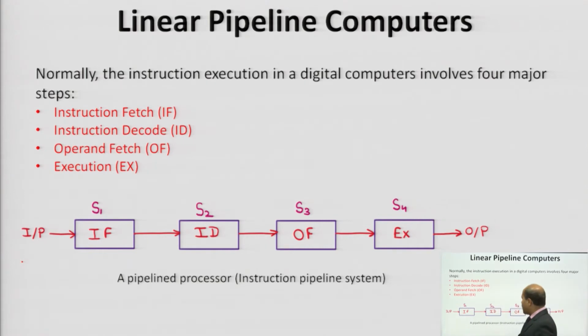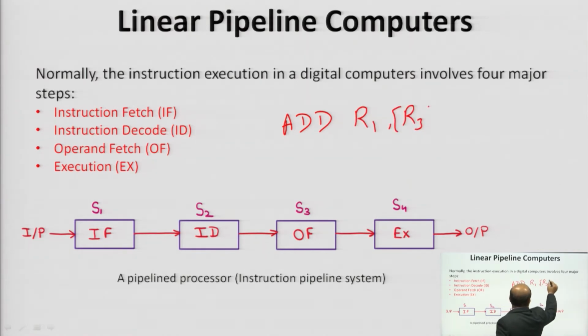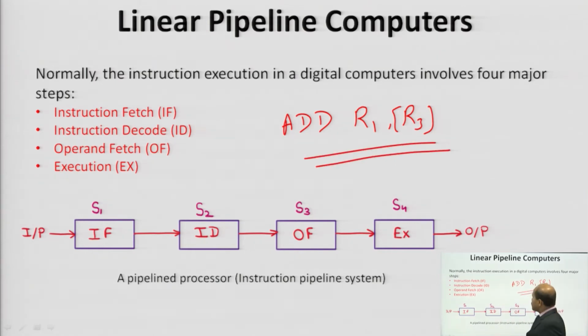Here you can see, to execute an instruction like add R1, R3, a simple instruction, the instruction has to be executed by a pipeline or non-pipeline system. So, what is the difference between these two architectures? If it is a pipeline, then obviously the instruction cycle has to be maintained. What is the general instruction cycle?